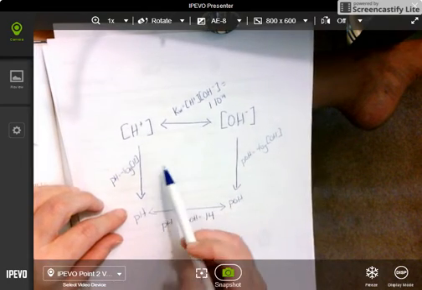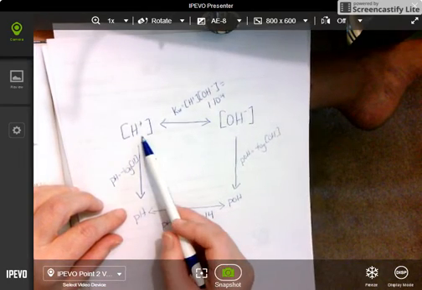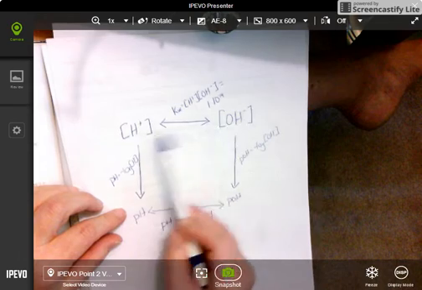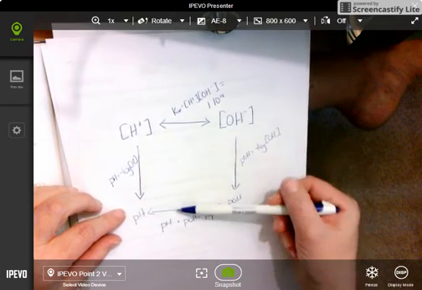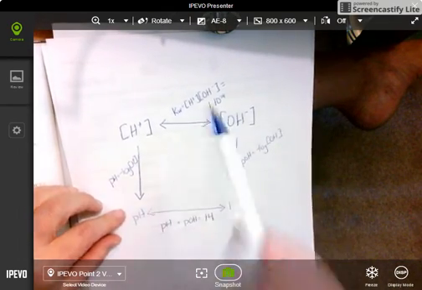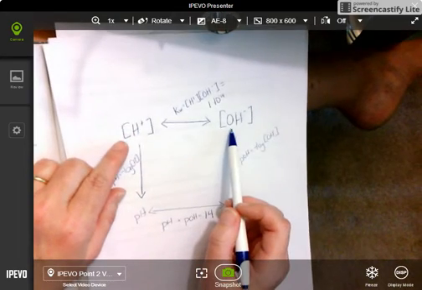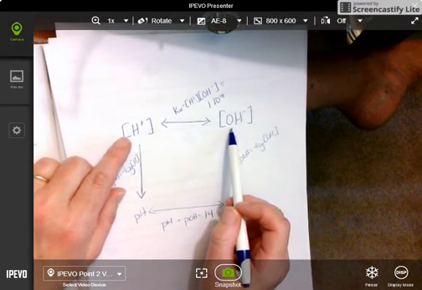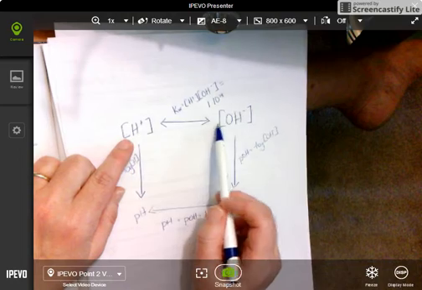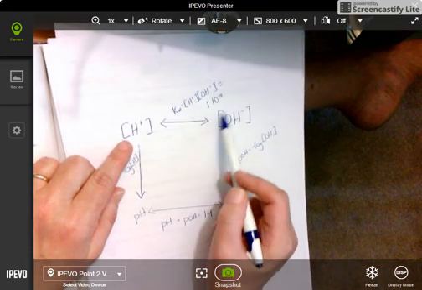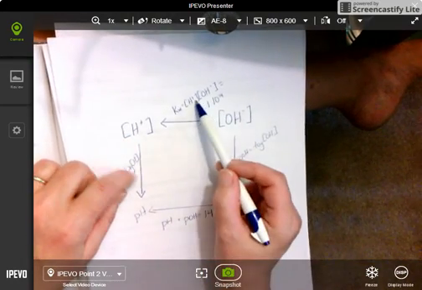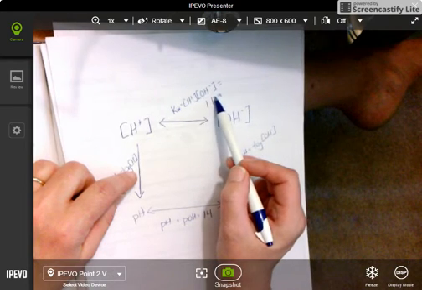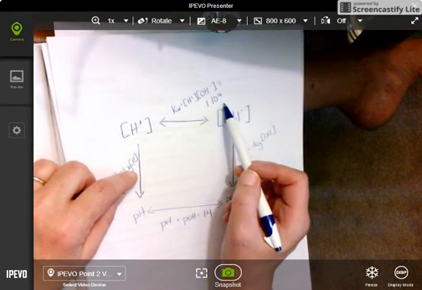Okay, so now we're going to talk about hydrogen ion concentration, how it relates to hydroxide concentration, and how they relate to pH. We talked in the video on the ion product constant that the product of these two always equals 1 times 10 to the negative 14th. When one goes up, the other has to go down because this is a constant.